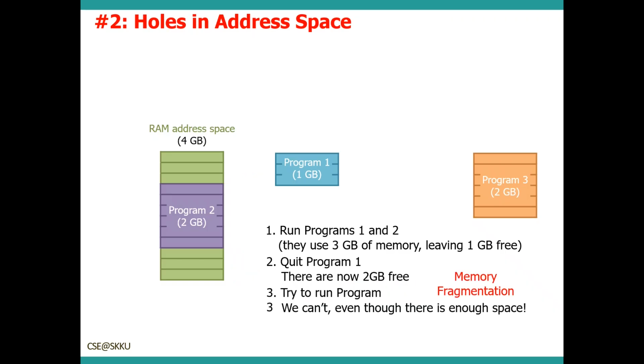We might think we can run program 3 because it requires 2 GB and we have 2 GB free space, but we cannot allocate the memory for program 3 because memory is fragmented. The free memory space is separated. So we cannot run program 3 even though there is enough space. This problem is called the memory hole problem.